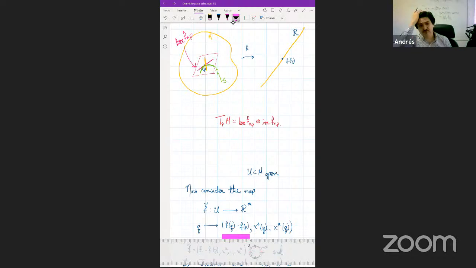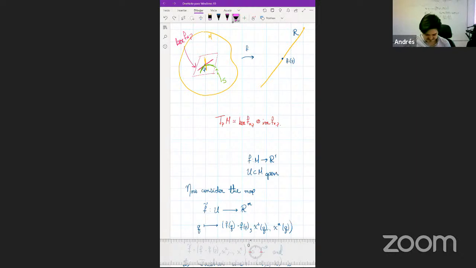Only the first entry is replaced by F. Remember that F is a real valued function. Okay? This is just a normalization condition. You will see why. But it is basically F, the first entry, and then x2, x3, up to xm. I claim that this is a chart on M.